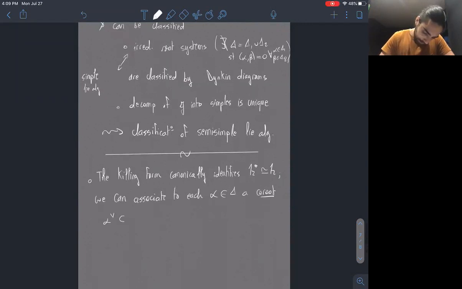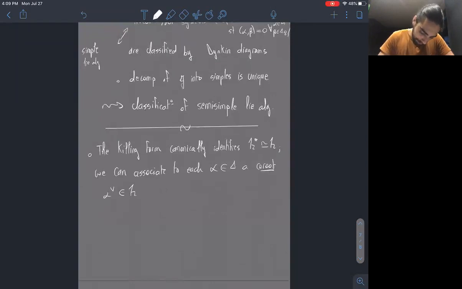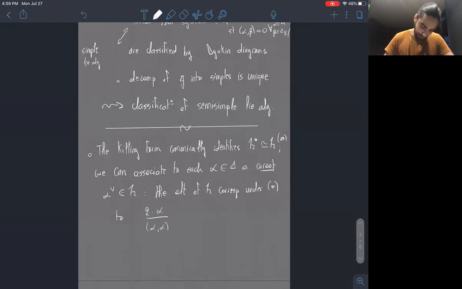So that would be an element of H. And the way we define it is we define it to be the element of H corresponding under this equivalence to the element 2 times alpha divided by the Killing form applied to alpha and itself, as an element of H star.